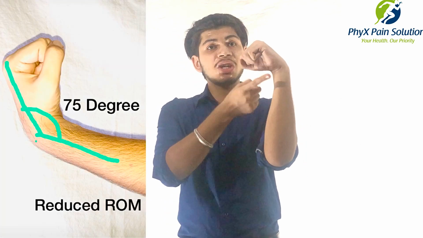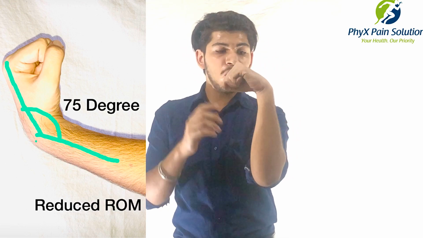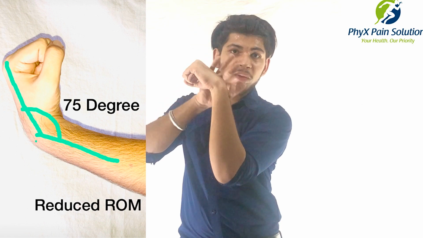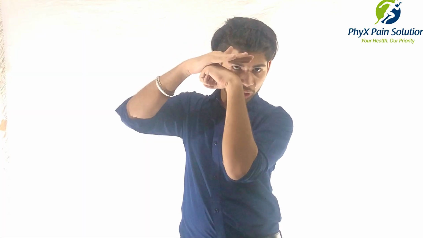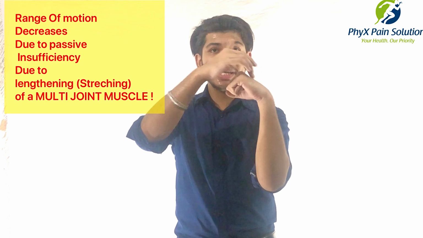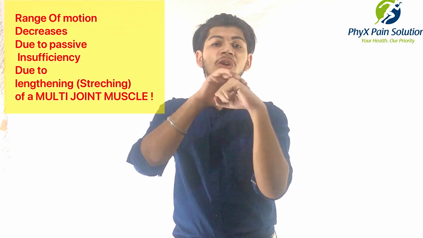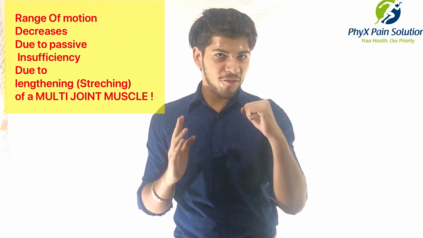So you can see the range of motion at the flexion of the wrist is decreased now. It is less than 90 degrees now because of the insufficiency of the extensor muscles. Because of the insufficiency of the extensor muscles, they are not allowing it to flex completely because of their lengthened position. It is not a pathological condition, it is physiological, due to passive insufficiency.